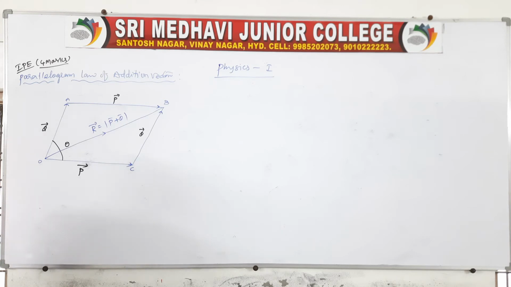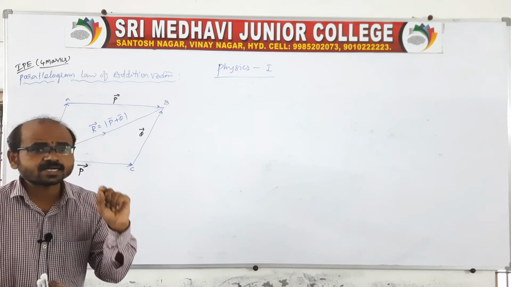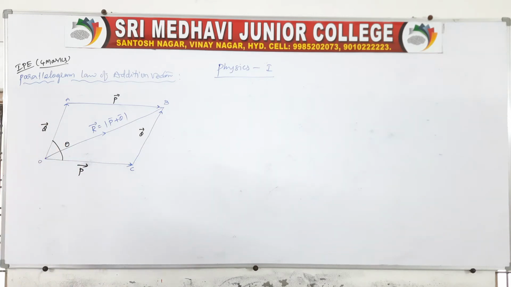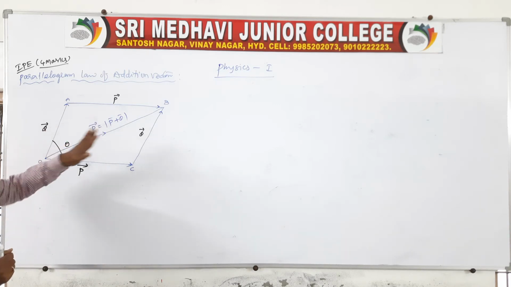If 2 vectors are represented by the adjacent sides of a parallelogram, then their resultant is also represented both in magnitude and direction, and it passes through the origin and through the diagonal of the parallelogram, because it is a diagonal, and that point of intersection must be the same for P and Q. So this is the parallelogram law statement.